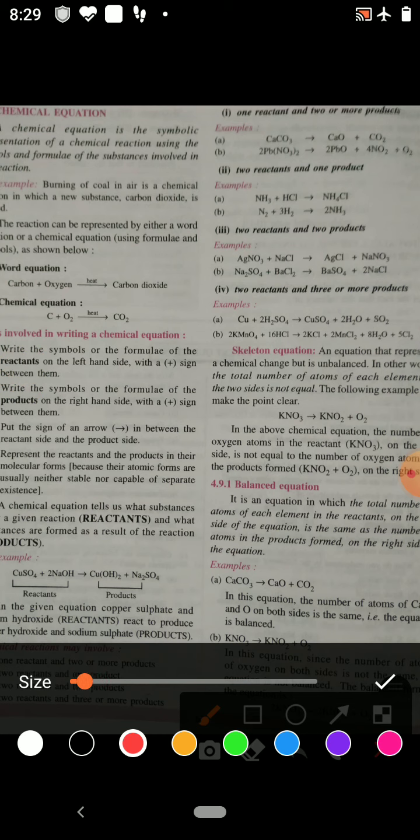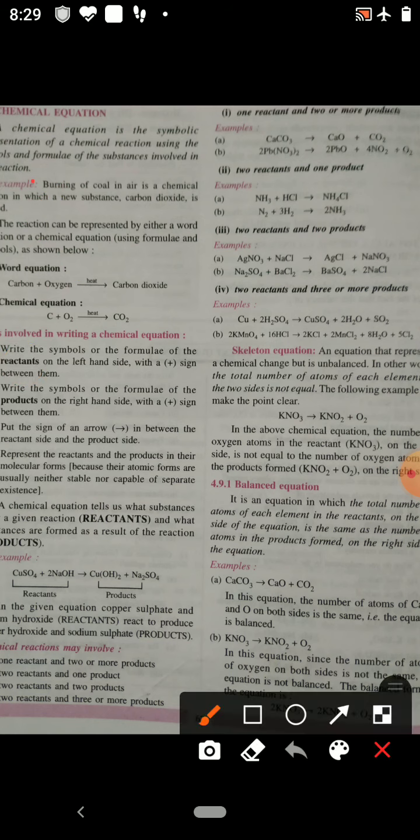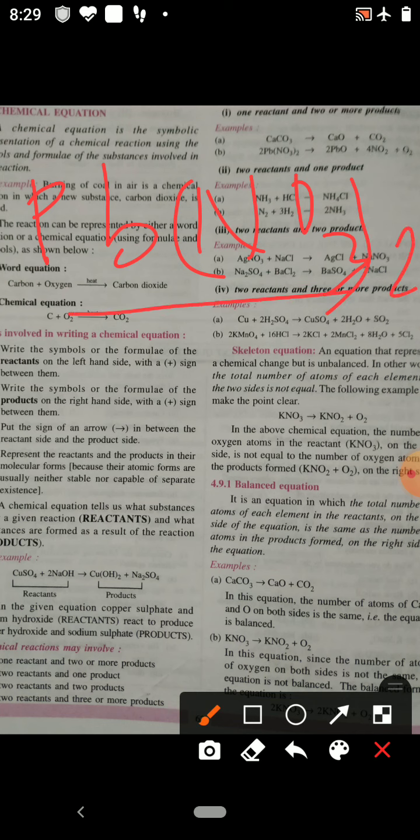So you see there the reactant is one, that is lead nitrate. It is the reactant, so we are taking it on the left hand side. And products are lead monoxide, oxygen and nitrogen dioxide. So these we are taking on the right hand side.